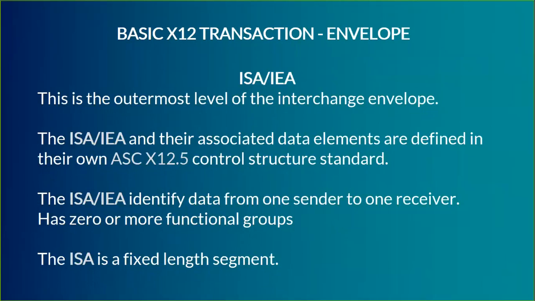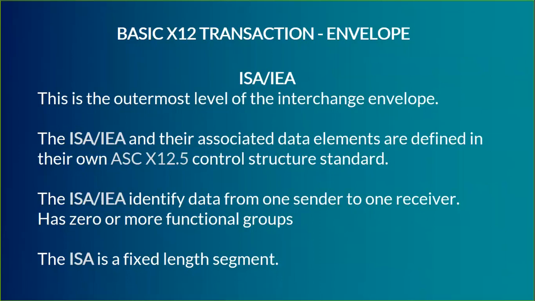This is the only, and I repeat, only piece of information within the X12 transaction that has a fixed length. Everything else is variable length, but this one is a fixed length portion of the transaction.